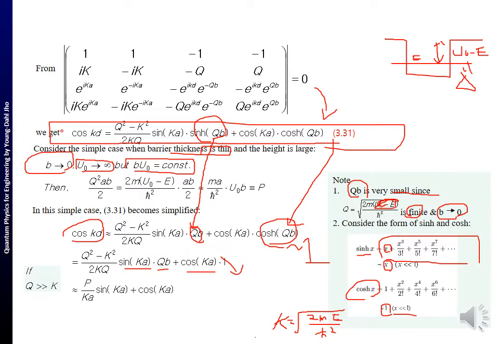When you compare these two, because U0 is very large, Q is much larger than K, so we ignore K square compared to Q square. So Q square and another Q is here, so Q over 2K. Here actually Q square AB over 2 is said to be P.